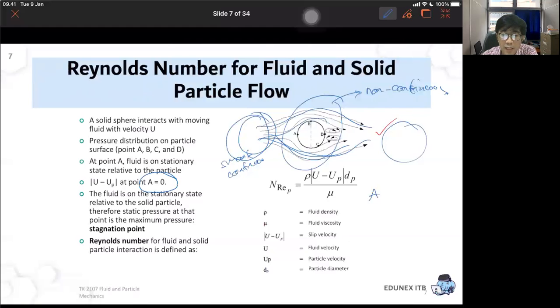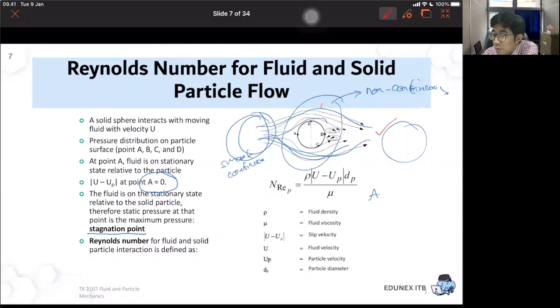At this point, it's called a stationary point, or normally we call it the stagnation point. The characteristic of the stagnation point is the static pressure at this point will be the maximum compared to other points. This is one characteristic in the sphere solid.